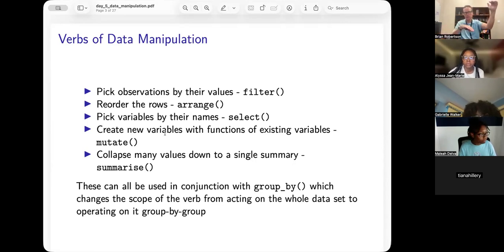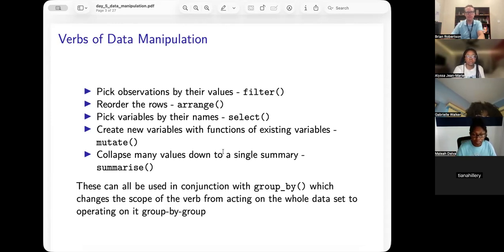So if I do a mutate and I've got 300 and some odd thousand rows of data, my output is going to be 300 and something thousand rows of data. If I do a summarize, my output potentially could just be one row. And that one row could be the summary for all that data, right? So the summarize collapses that data down into a single summary statistic.